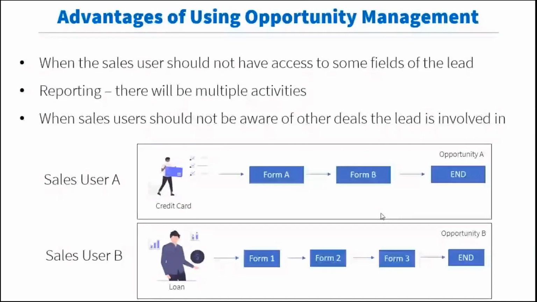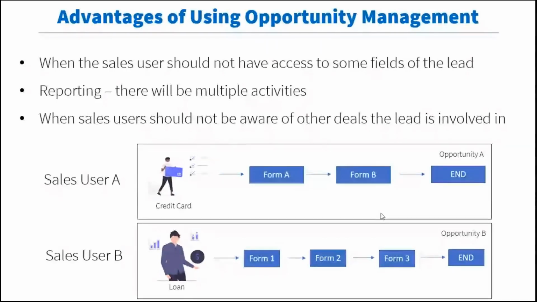So there is also a case where the sales user who is interfacing with the lead will have all the lead-based information, whereas the one who's ultimately handling the deal will be a different person. In that case, we don't want the person who's handling the deal to have access to the lead's information.